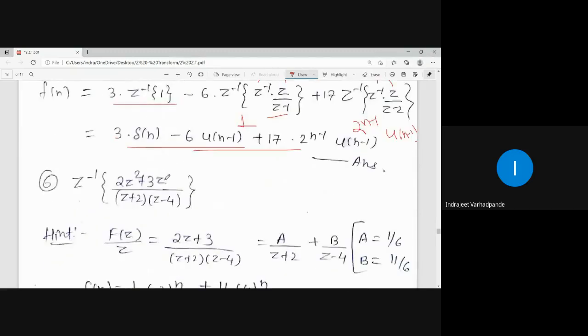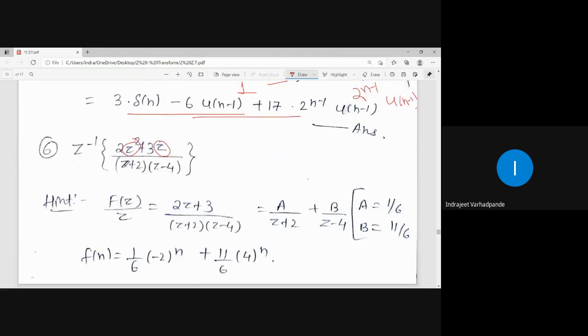Here also you will see degree of numerator and degree of denominator look the same, but it is possible for me to take out common z. So in this case I took z common. Numerator remains with 2z plus 3 upon z plus 2 into z minus 4. Degree of numerator is less than degree of denominator. Apply it, find out value of a, value of b, put them.